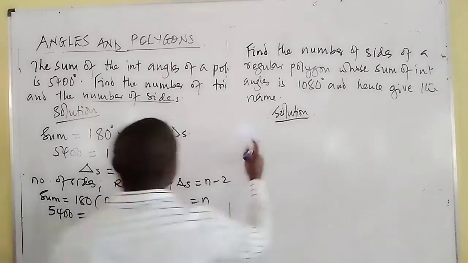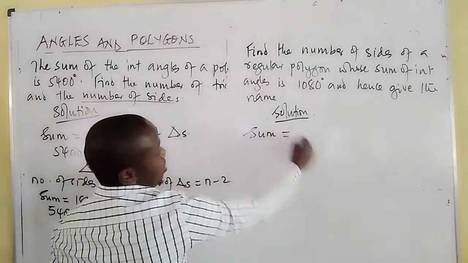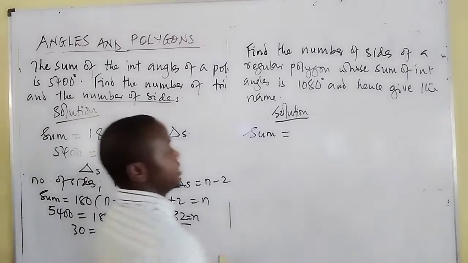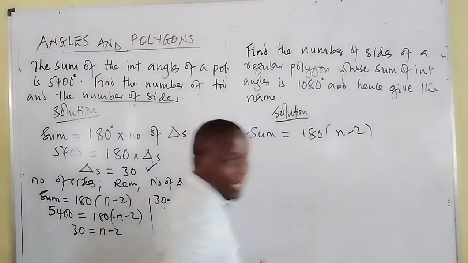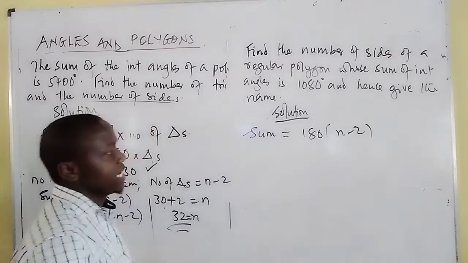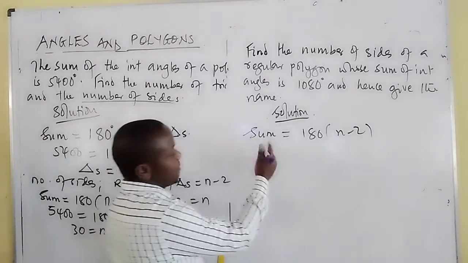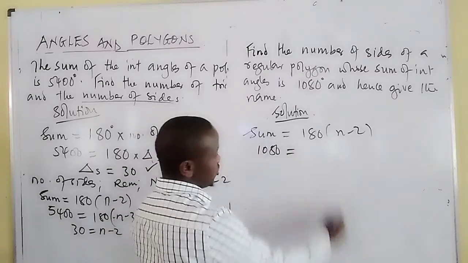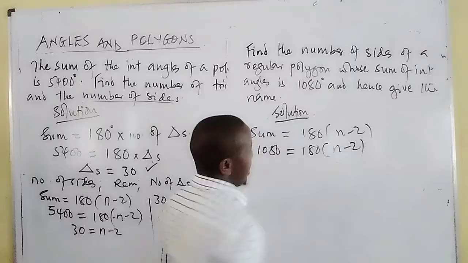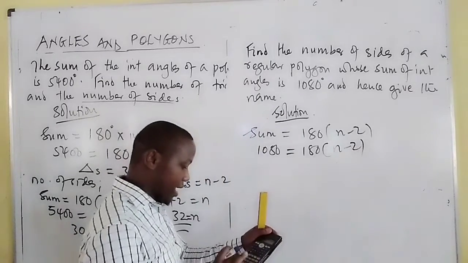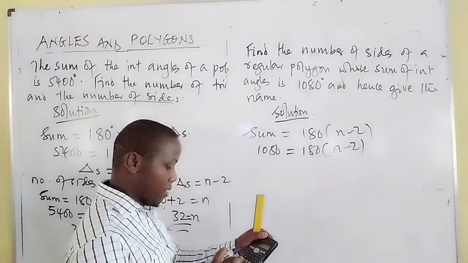We said that the sum of interior angles is given by 180 into n minus 2. In this case, we are given the sum as 1080, equal to 180 into n minus 2. Therefore, we can divide 1080 by 180.